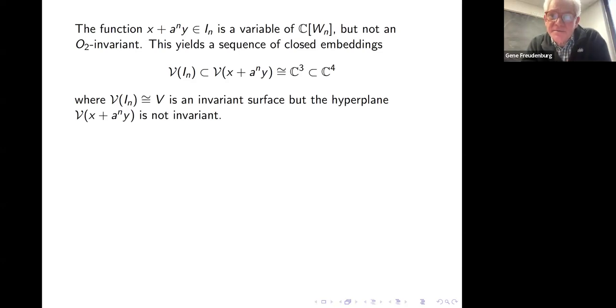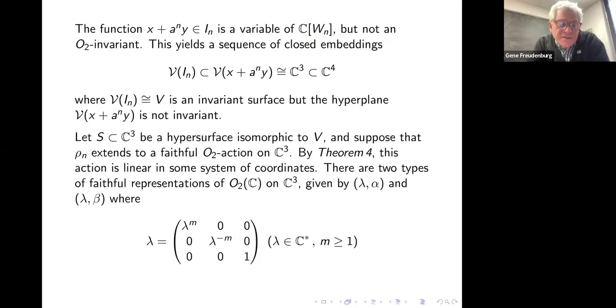So it lives in that O2 invariant ideal, but it's not itself an invariant. This yields a sequence of closed embeddings of the surface in C3, which is itself a hyperplane in C4. But that hyperplane is not invariant.